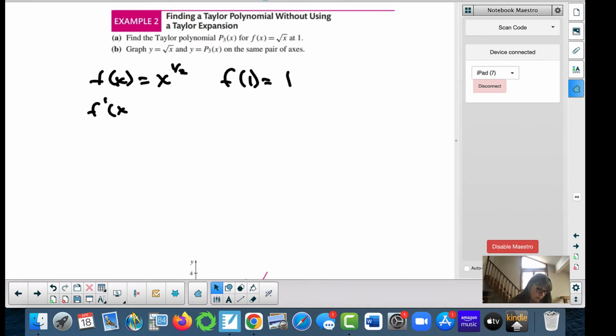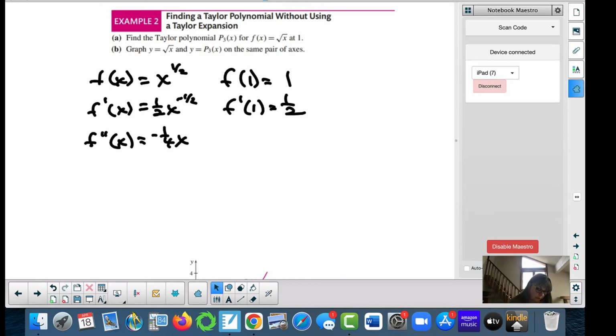Take the first derivative of that, which is 1/2 x to the negative 1/2. Evaluating that, we get 1/2. The second derivative is going to be negative 1/4 x to the negative 3/2. Evaluating that at 1 gives us negative 1/4.